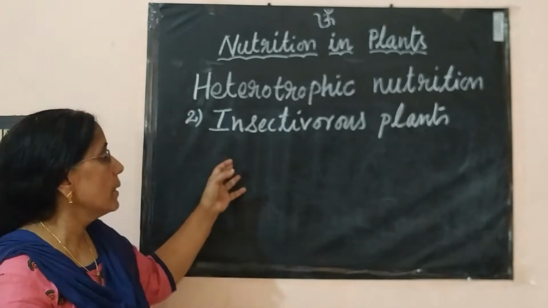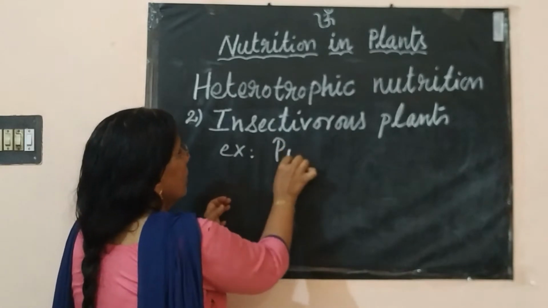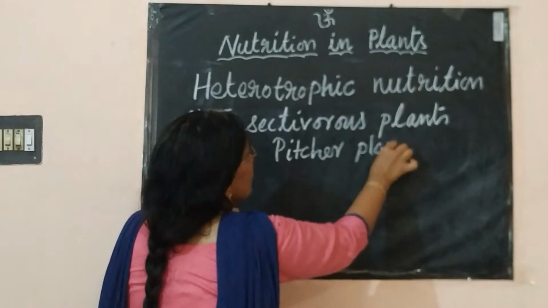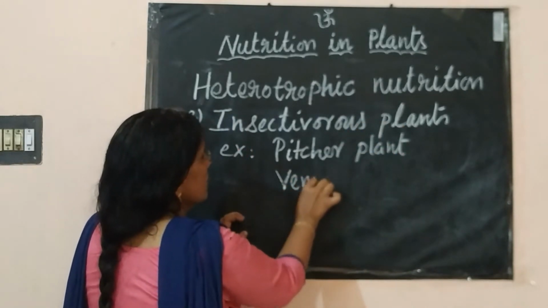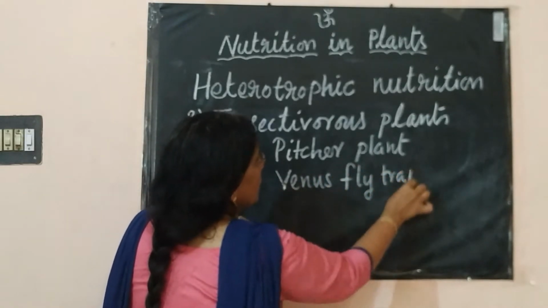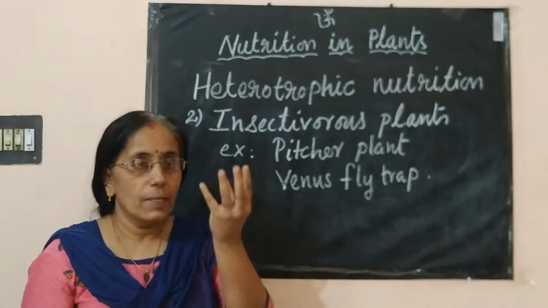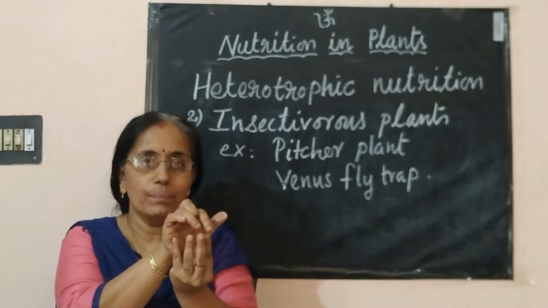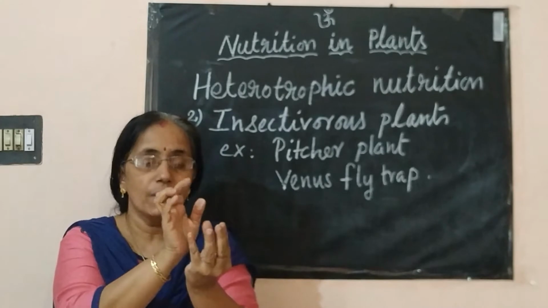Such plants are the pitcher plant. Another example is the Venus flytrap. The pitcher plant has a pitcher-like structure with a lid over it and some sticky substance inside it.